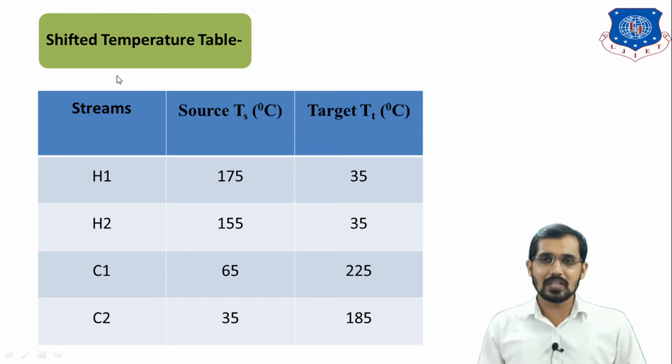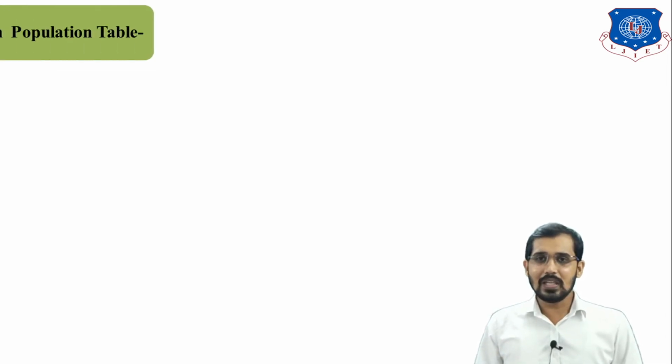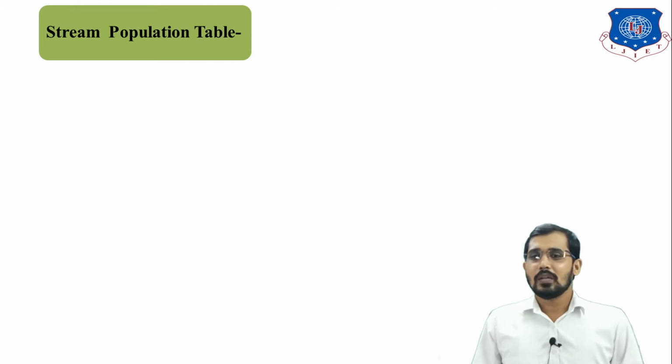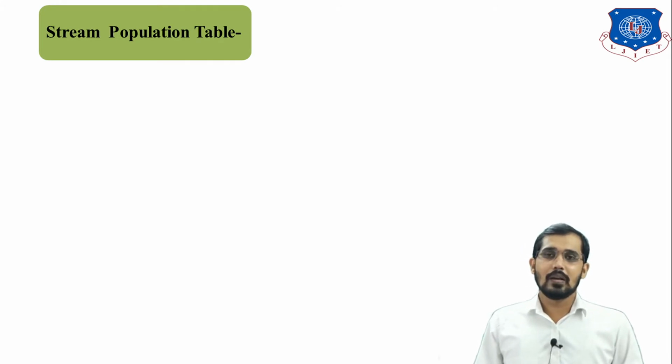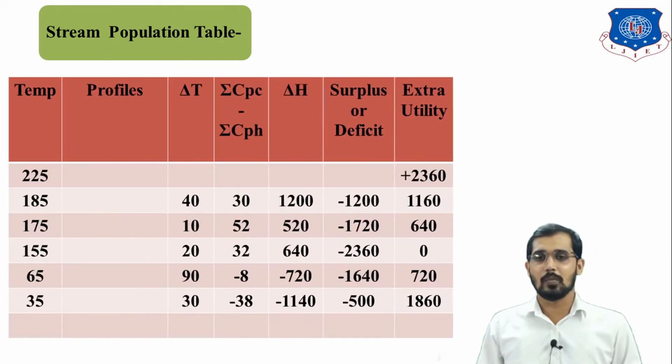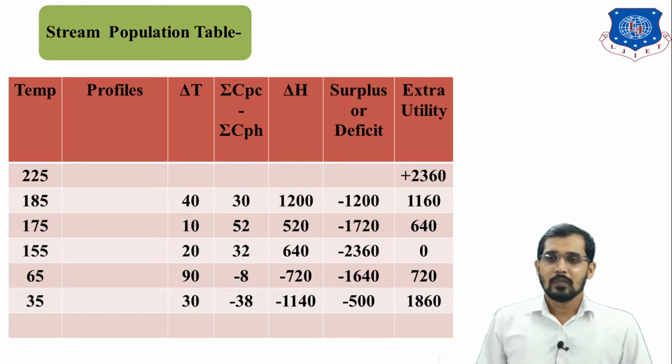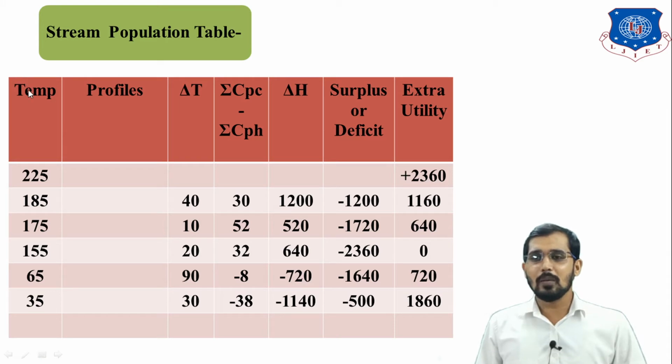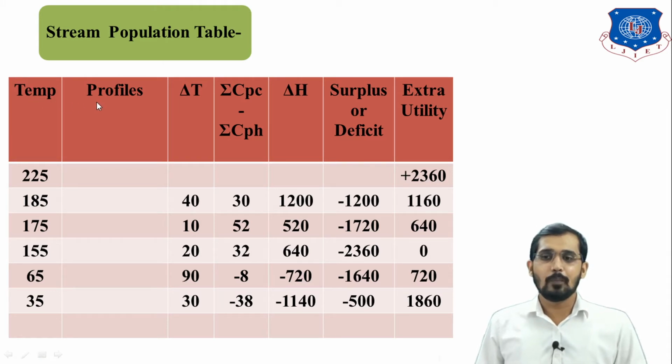This is your first step to solve the pinch technology problem. Now you can see on the next screen the stream population table. Now how to find the stream population table? Look carefully. The first column is the temperature, after that profiles, the third column is delta T, which is the temperature difference.